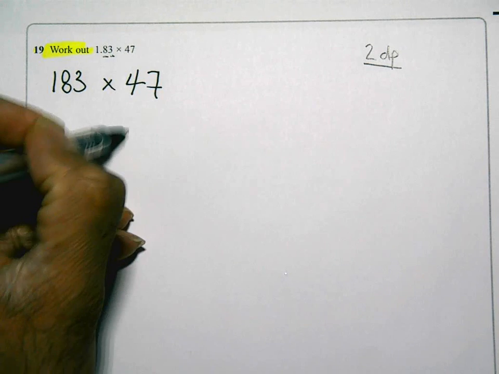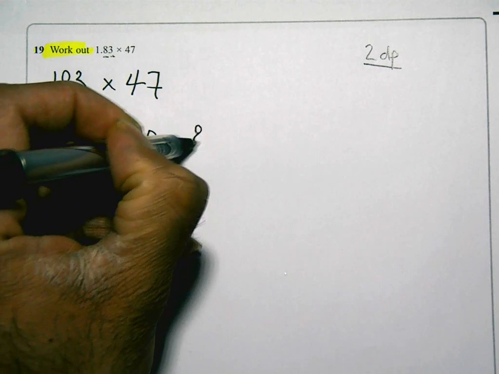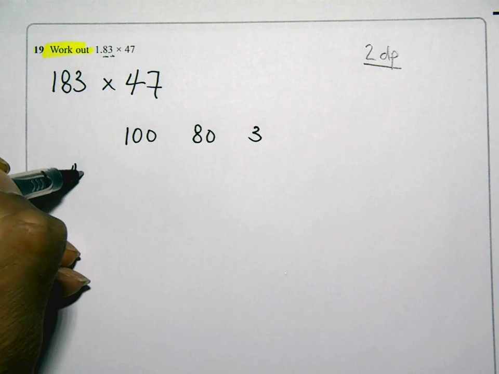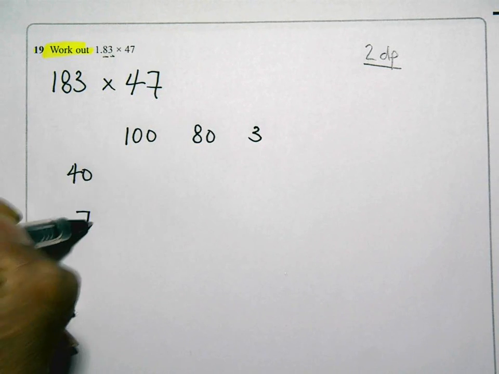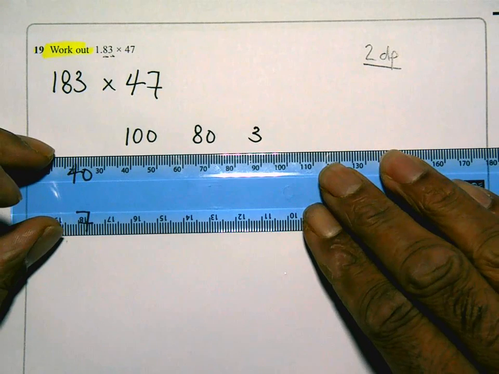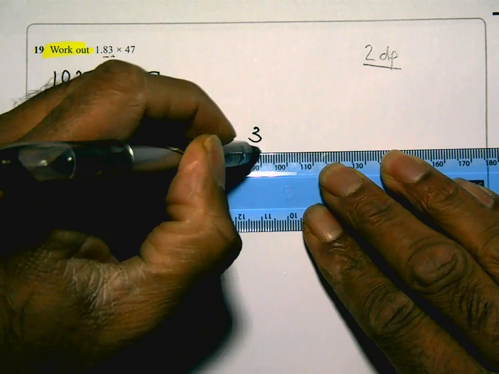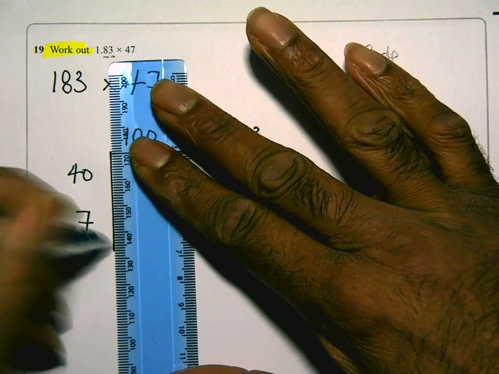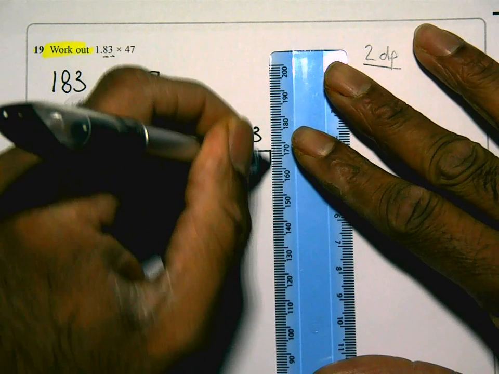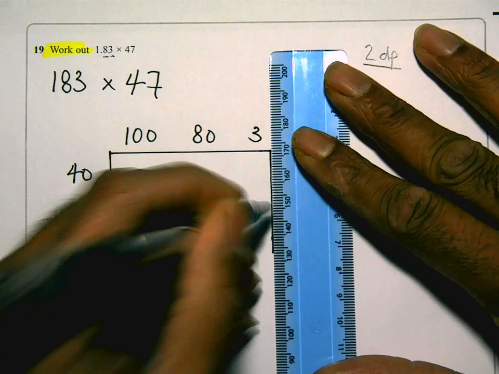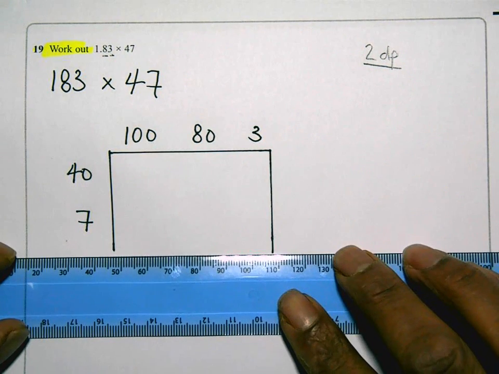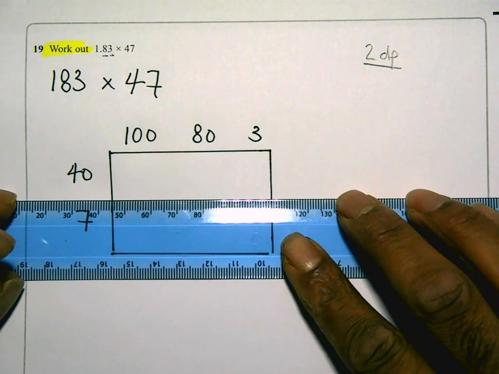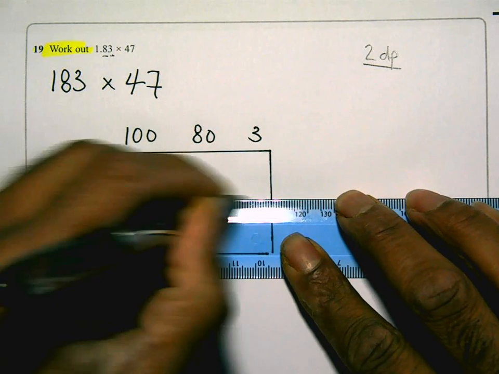So how do I go through this? 183, so that's 183, and 47, so that's 47. I'm going to make my grid around that, and making sure that I know that I am timesing, multiplying, and let's set this up.